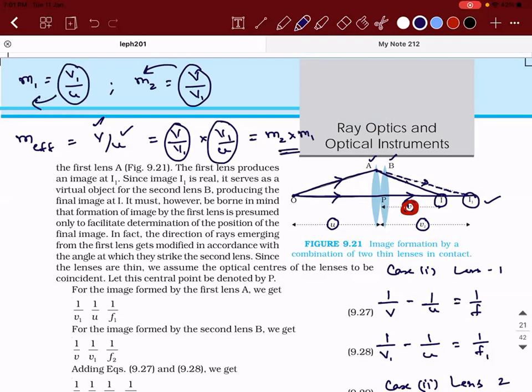So what happens when two thin lenses are in contact, or when you use combined lenses together? Then the effective magnification will be the product of the individual magnifications.